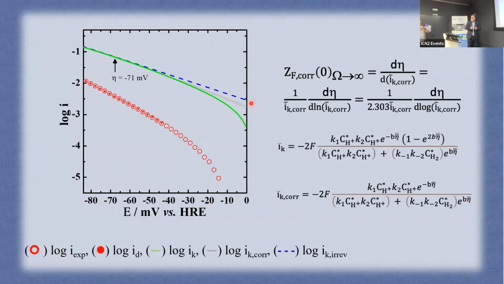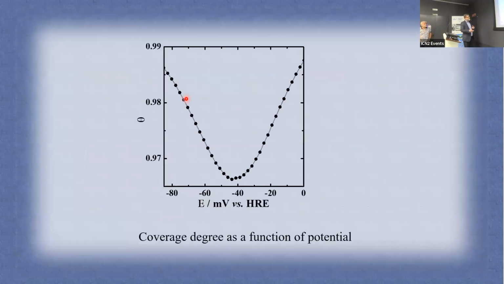And because of the impedance measurement, it was possible to determine, because the reaction is limited by the diffusion, but the impedance separates the process. And your question is about this slope and the surface degree.